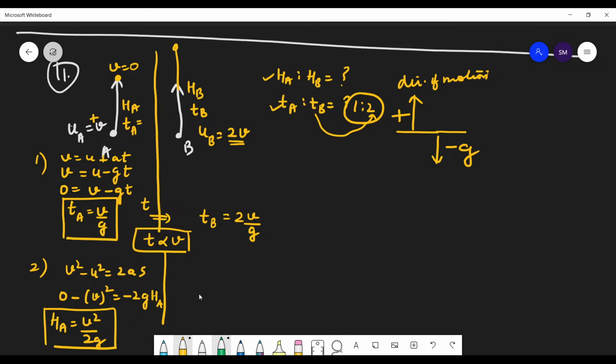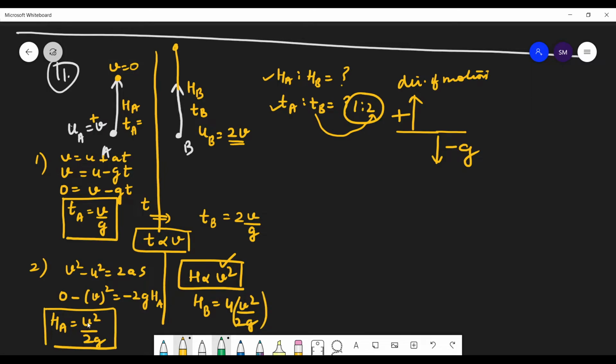Now for HB, what will it be? You have twice, so H is directly proportional to square of the velocity. So if you square the velocity, H will be 4 times, yes or no? Agreed? Just write 2V in place of U, so it becomes 4V square, yes or no?